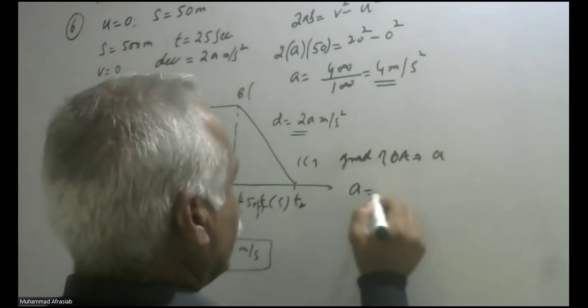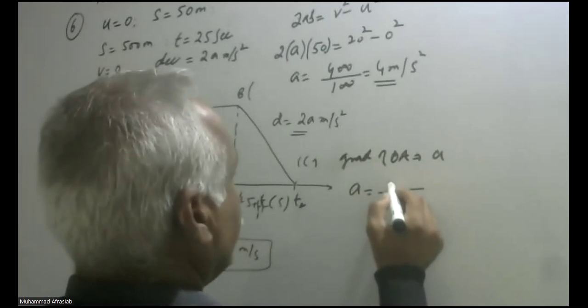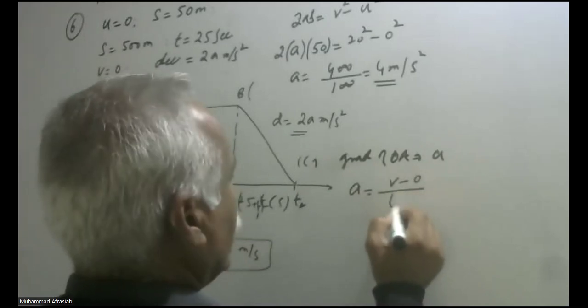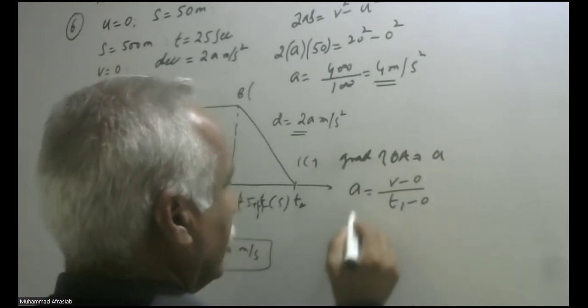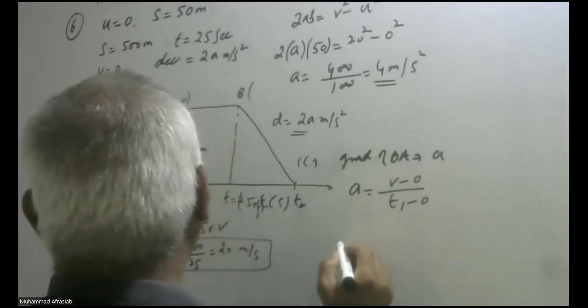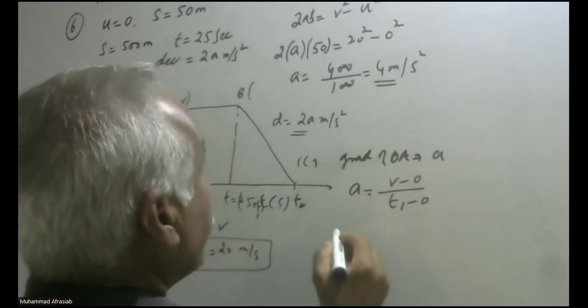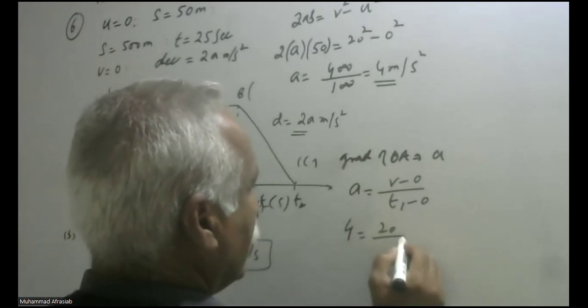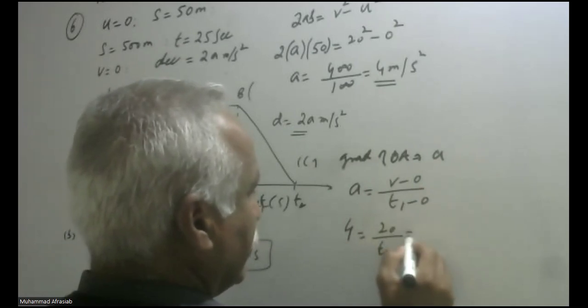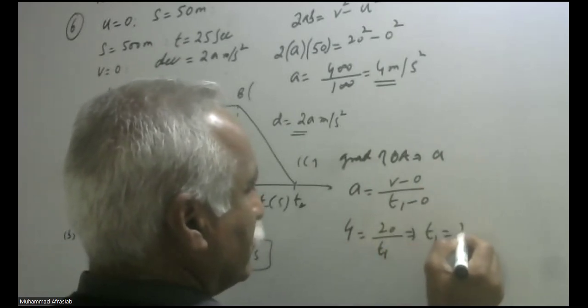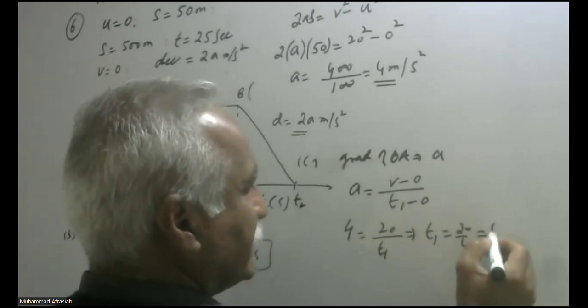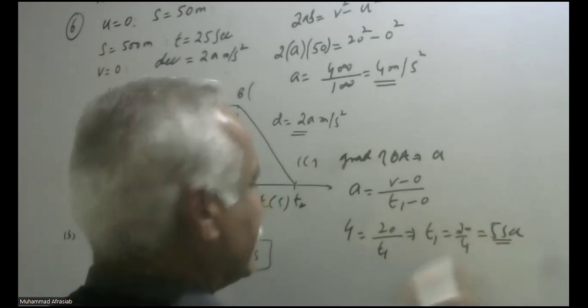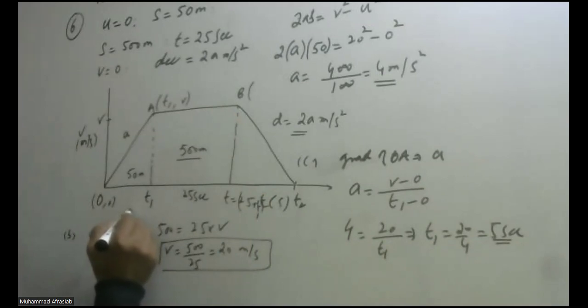So acceleration is equal to v minus 0 over T1 minus 0, which is 4 equals 20 over T1. So T1 is equal to 20 over 4, which is 5 seconds. So this time is 5 seconds up till T1.